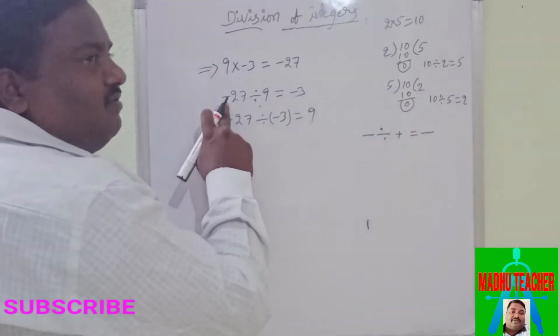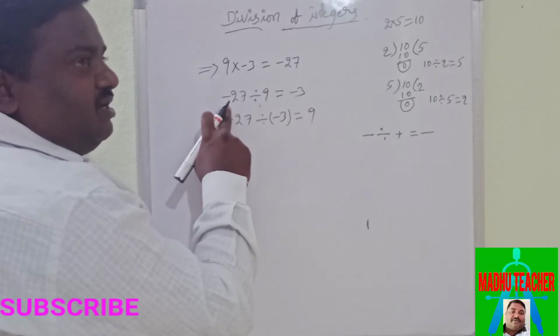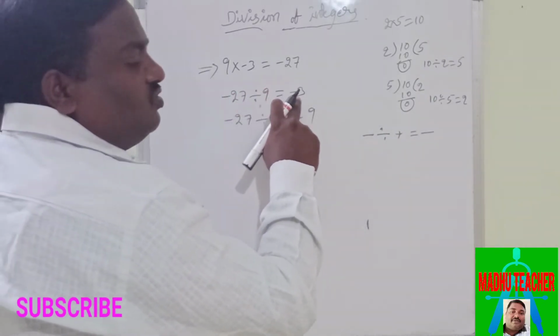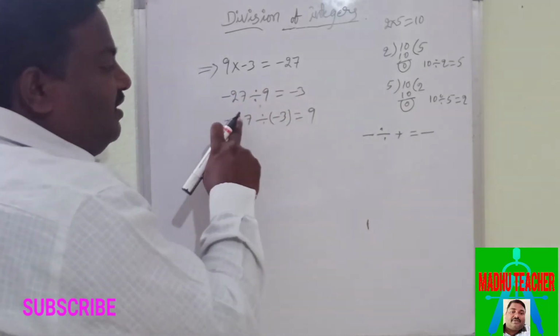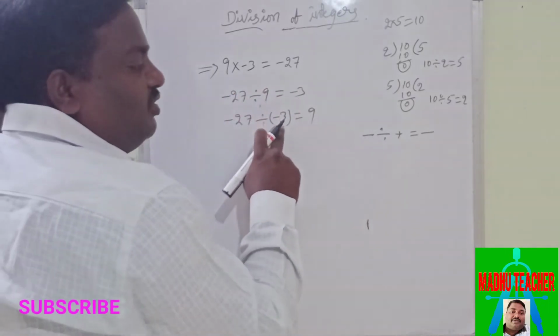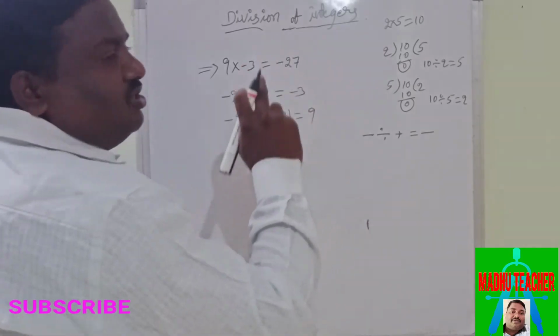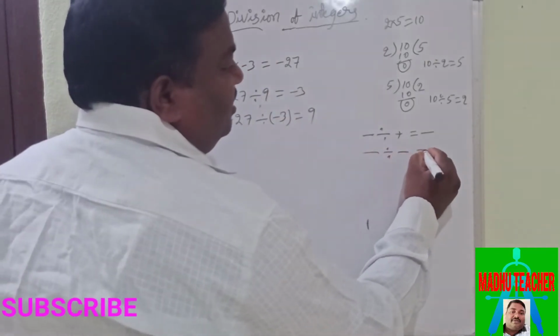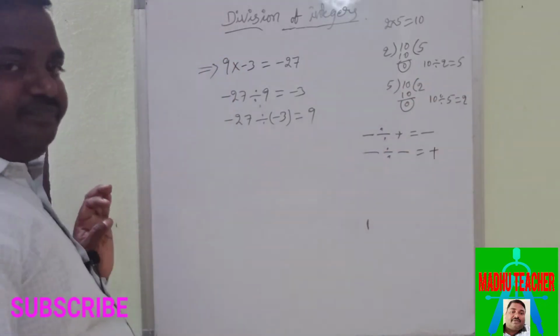Division of a negative integer by a positive integer gives a negative integer. Division of a negative integer by a negative integer gives a positive integer. So negative integer divided by negative integer is positive integer.